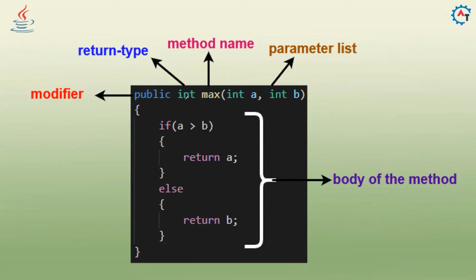So public int max, these are called in the bracket. We have given till now only normal brackets, right? So whenever you write some method, it is normal bracket. Otherwise, public static void main, inside that you have String args, right? So the same way you have int a comma int b. These are called parameter list.